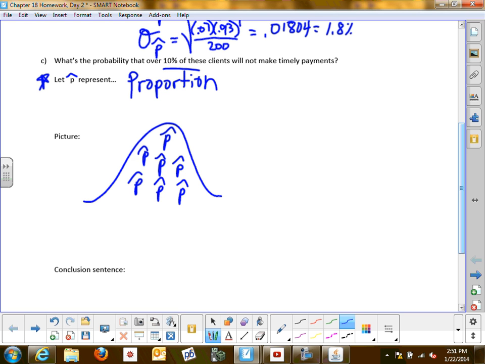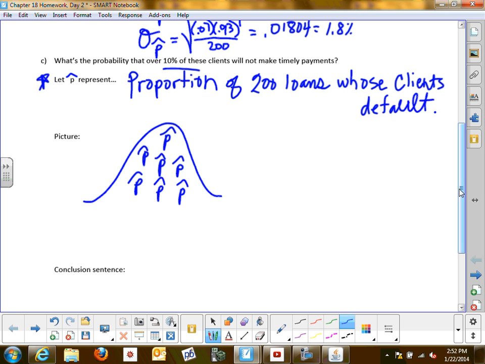And each one of these proportions is the proportion of what sample? How big is this sample? The proportion of 200 loans whose clients default or don't make payments in a timely manner, however you can most succinctly say that. Oh man, time's up. Okay, but you get that.